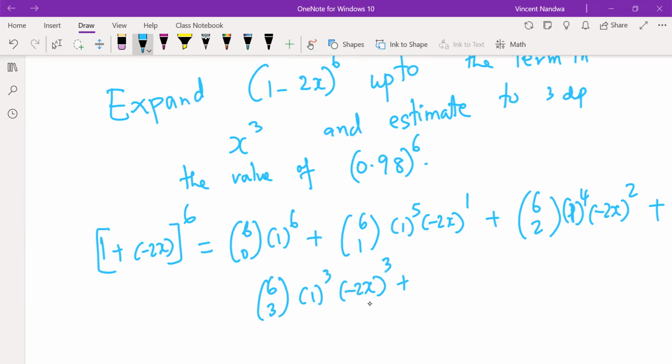Now, because we are only interested in terms up to x^3, we stop at this point.